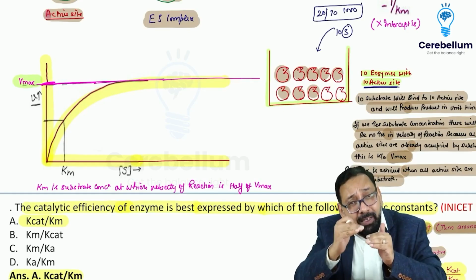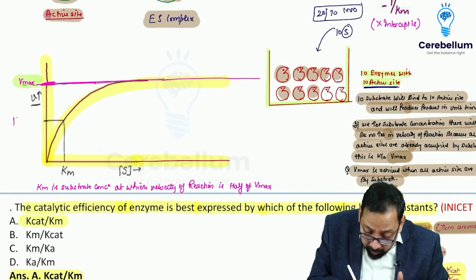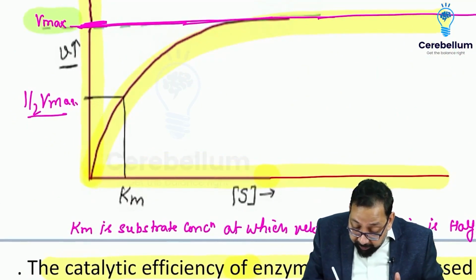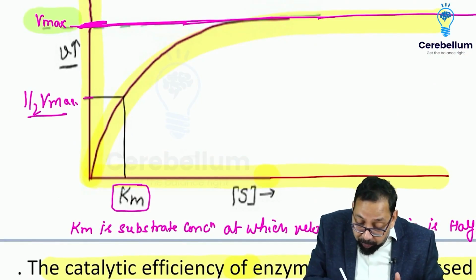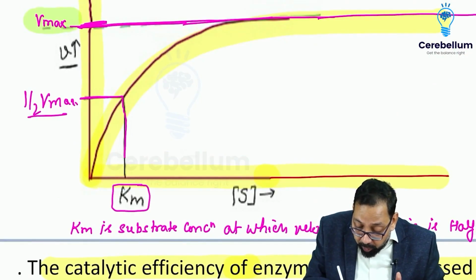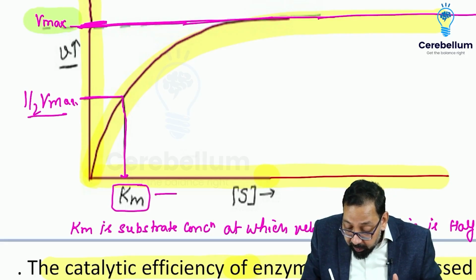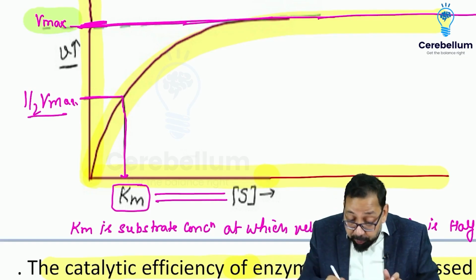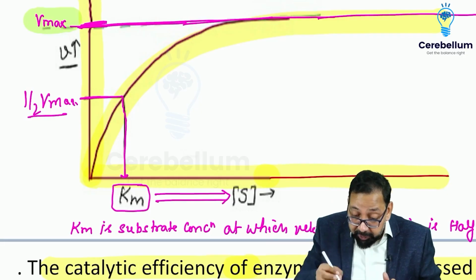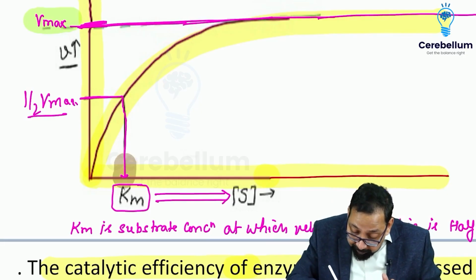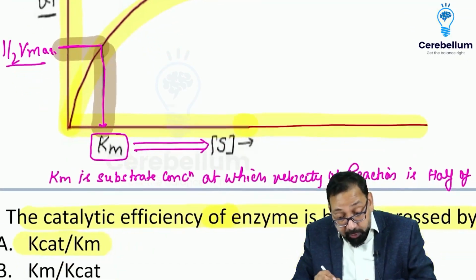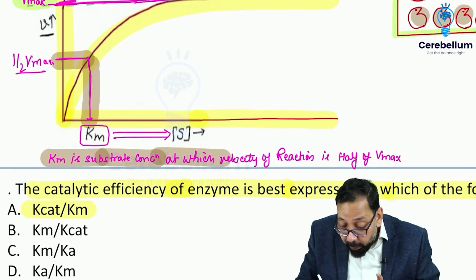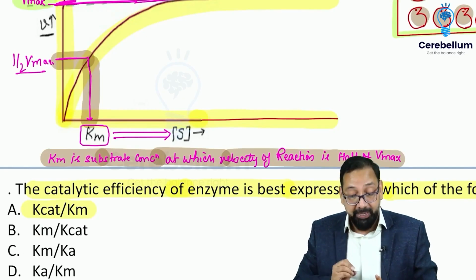If I take exactly half of this Vmax, the substrate concentration at which the velocity of reaction is half Vmax is called Km. On the x-axis there is substrate concentration. So Km is nothing but the substrate concentration at which the velocity of reaction is half of Vmax. Direct question on the definition: Michaelis constant is the substrate concentration at which the velocity of reaction is half of Vmax.